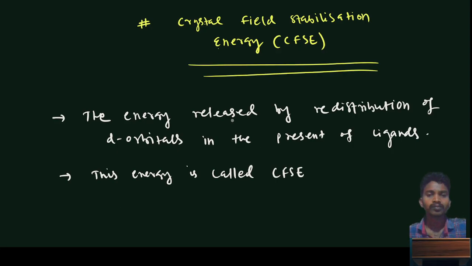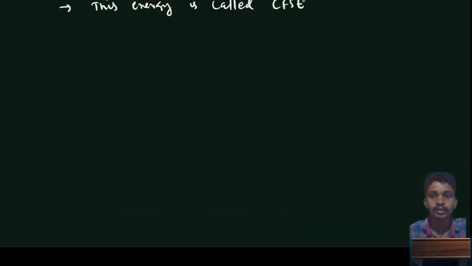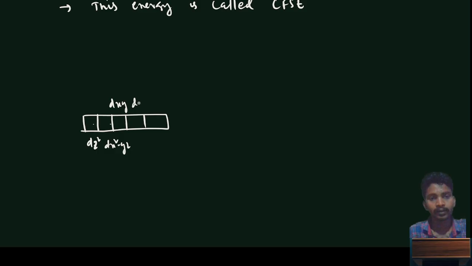Now, how is that energy actually released? Let's say we have the d orbitals. There will be 5 d orbitals: d z square, d x square minus y square, d xy, d yz and d zx.